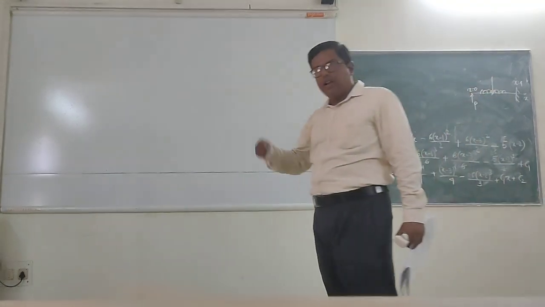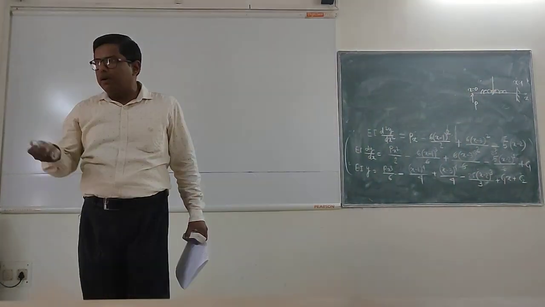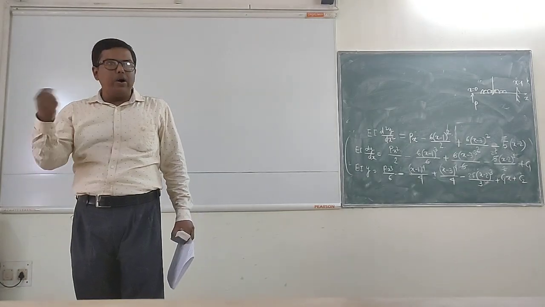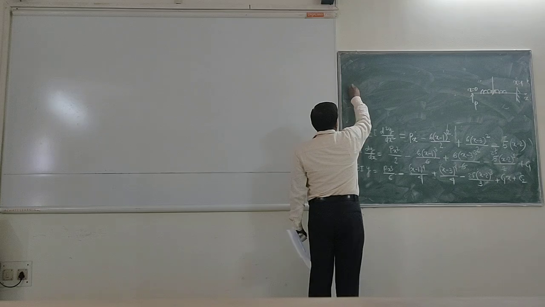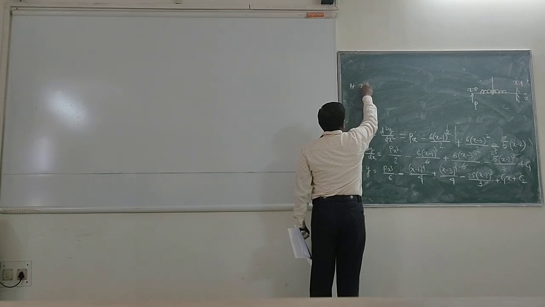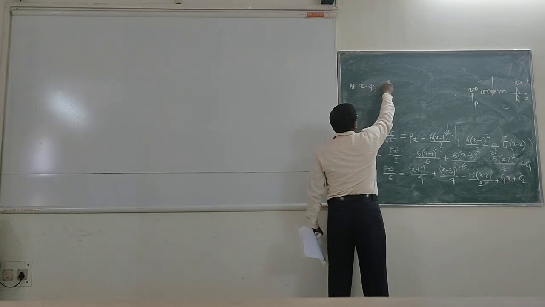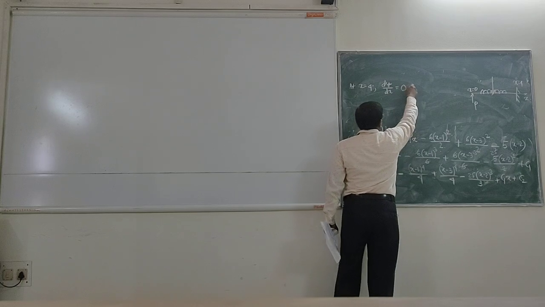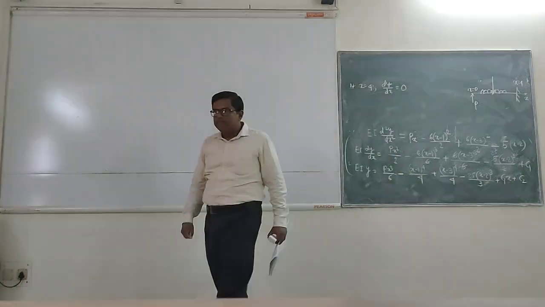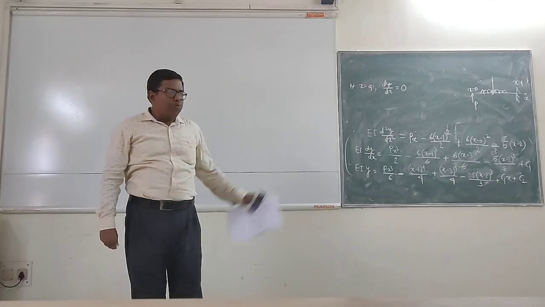For a cantilever end, we have understood earlier also for a simple cantilever problem, no change. So the condition over here is at x equal to 4, dy upon dx will be equal to 0. Is it clear? Correct?